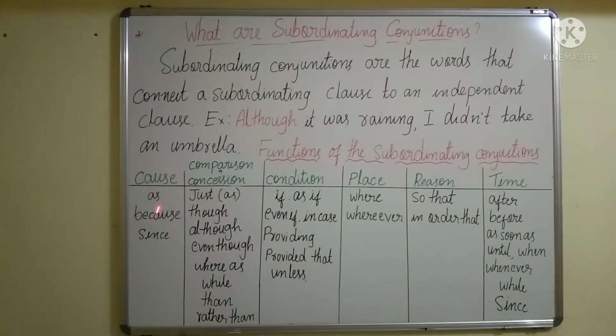In the list of cause, we use as, because and since as subordinating conjunctions.